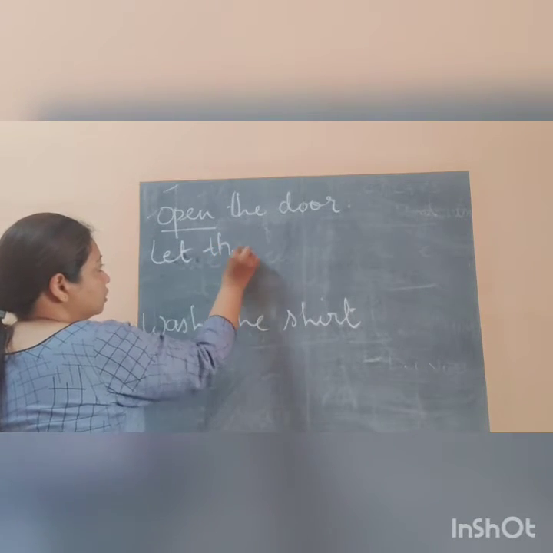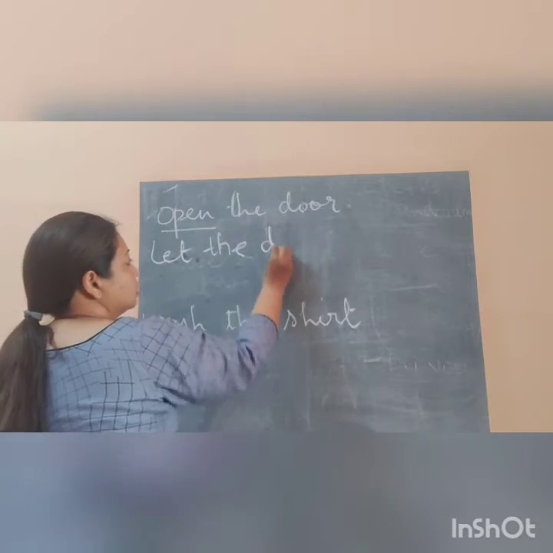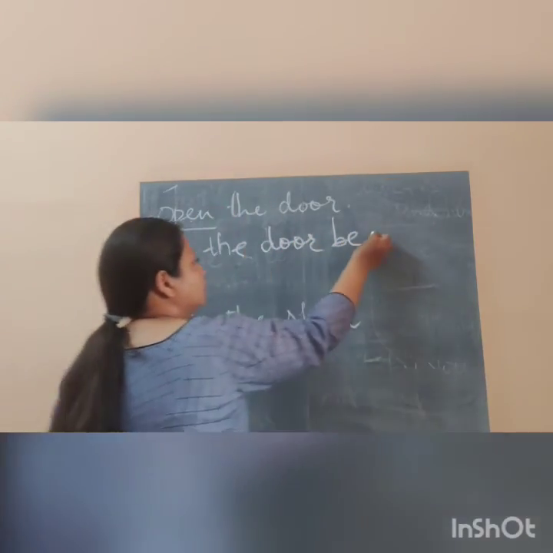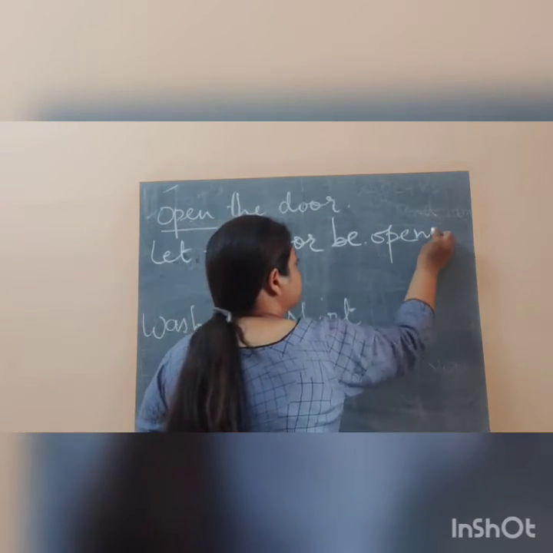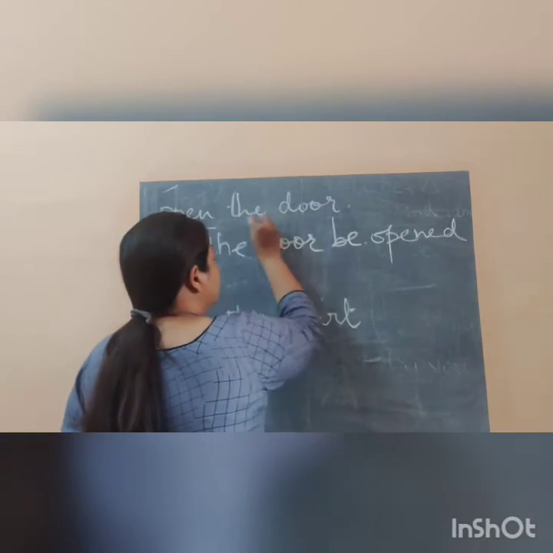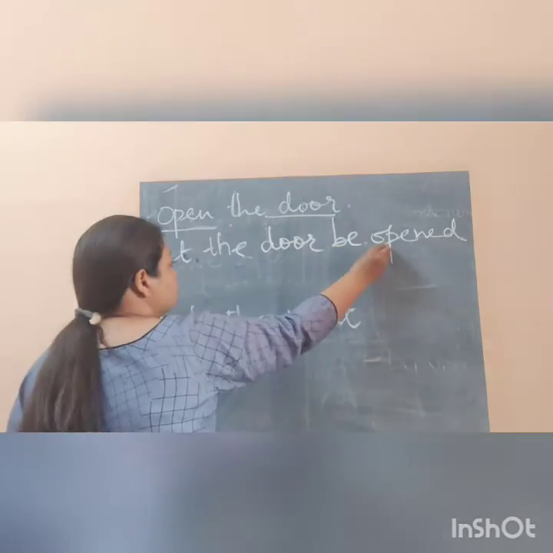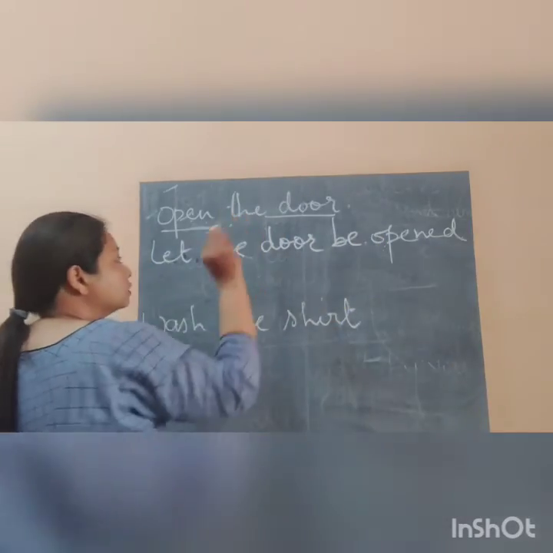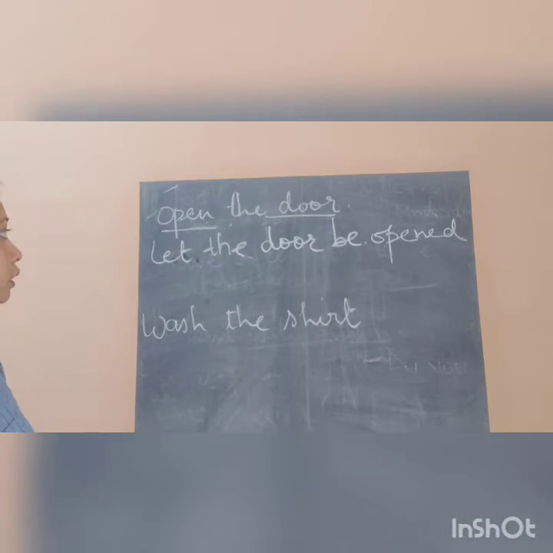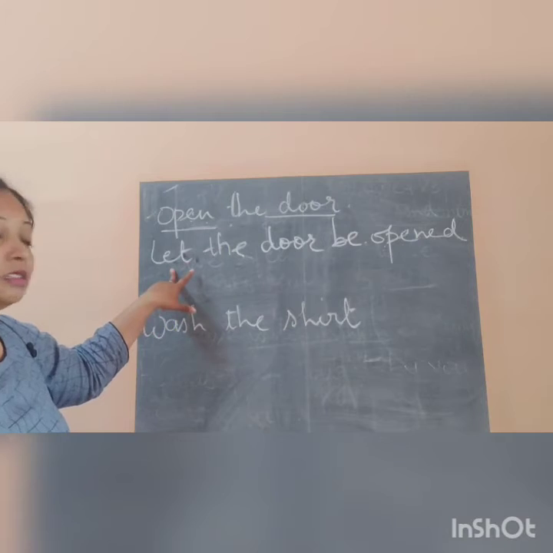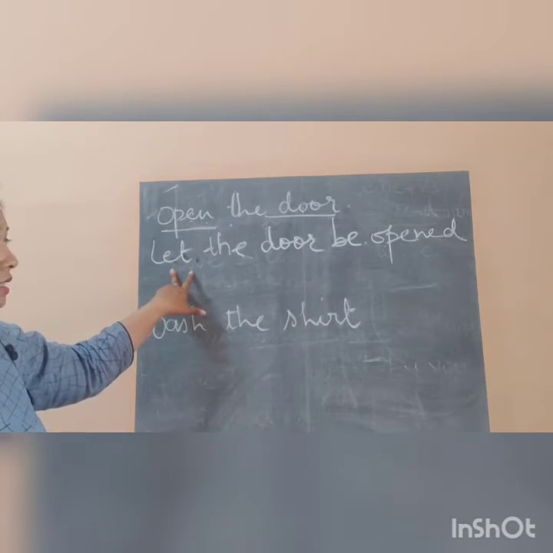Let the door be opened. Okay, this is the subject here between the object and the verb's third form. This is a verb actually. So here, the door, let is the subject in the sentence.